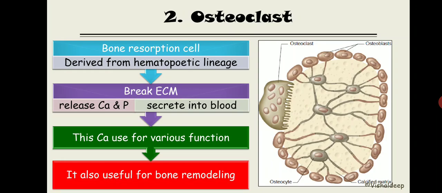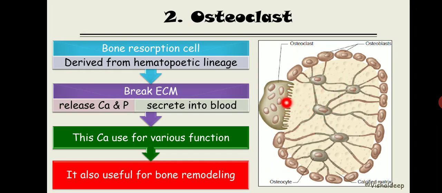Now what is bone remodeling, that we discuss in our subsequent slide. But let me give you a small idea of bone remodeling. See, once this portion of the bone gets stressed, it gets more mechanical activity, like it becomes more compressed.